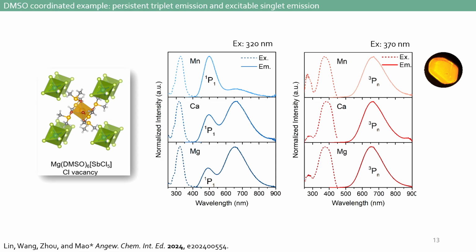So emissions are coming from here, but this unit will subsequently affect the emission and also the formation of these units. You can see that when you change the excitation wavelength, you can see a coexistence of the singlet and the triplet emission, or you can only see the triplet emission at lower energy.